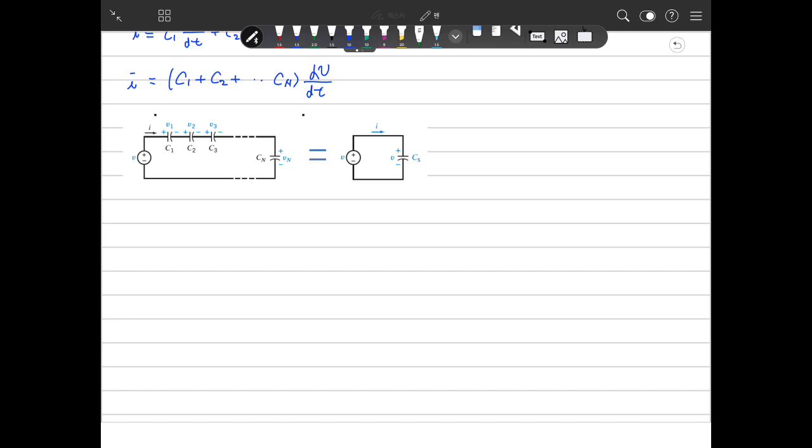So when you say this is the same as each other, the current over here and the current over here are the same, and the voltage between here and here is the same, then you can say this capacitance is the same. So we will redraw this circuit a little bit. This is V, and the capacitors are connected in this manner.